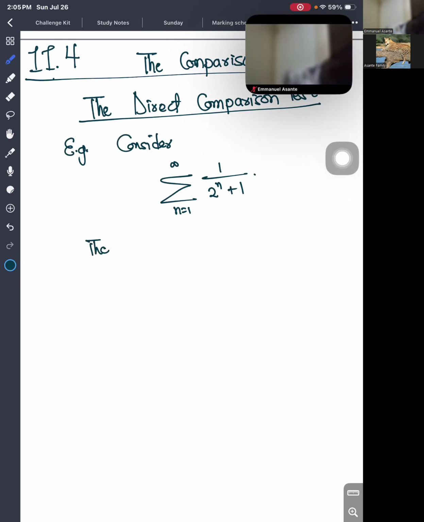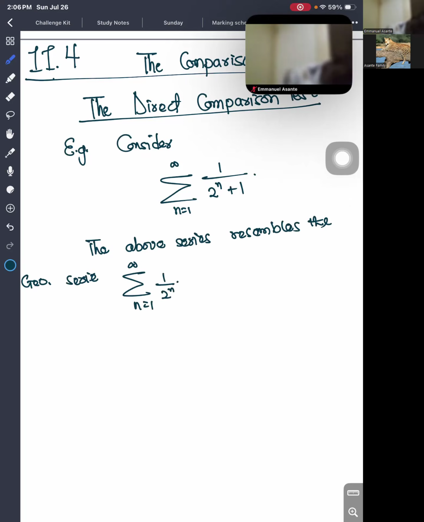The above series resembles the geometric series, 1 over 2 raised to the power n.